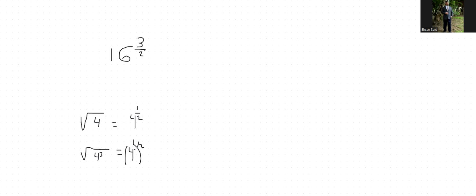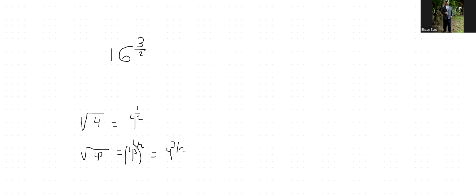Now, if you remember the raising a power to the power rule, if you don't know that, I'll be putting up a video regarding that later on. But in the power to power rule, you multiply. So a half times 3 is 4 to the 3/2 power. Okay, so you have to kind of understand stuff like that to make this work.